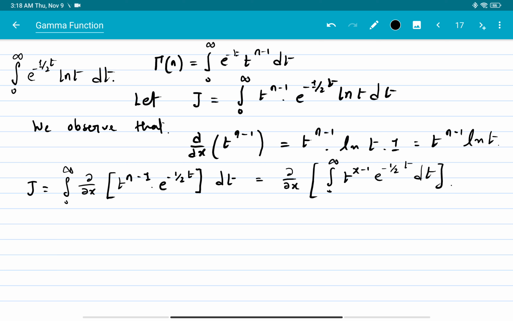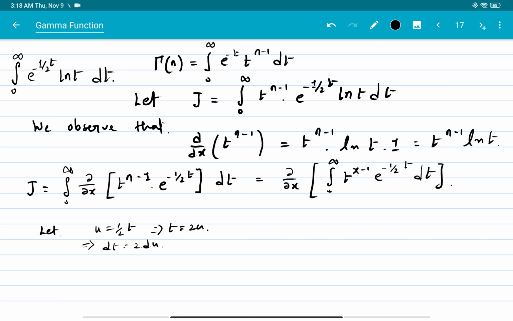So let u equal half of t, so dt equals 2 times du, right? And t equals 2u.